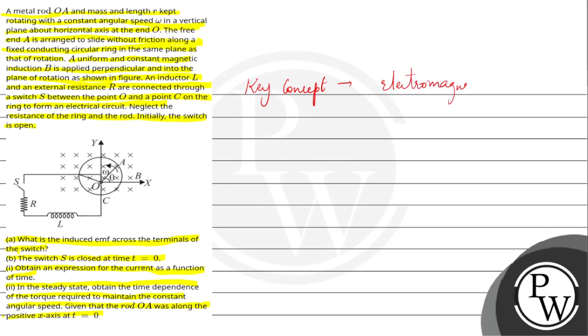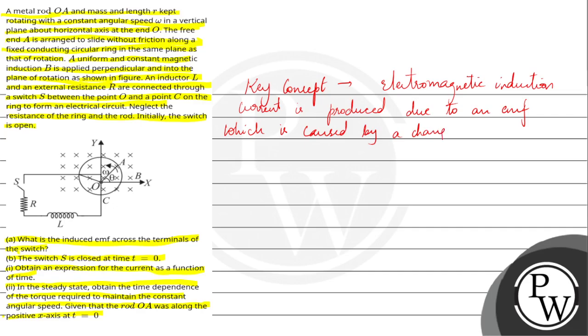Magnetic induction is when a current is produced due to an EMF, which is caused by a changing magnetic field. इस क्वेश्चन को सॉल्व करने के लिए पहले जो डिटेल्स में दिए हैं उसको नोट करेंगे और हर एक सब पार्ट को आंसर करेंगे.